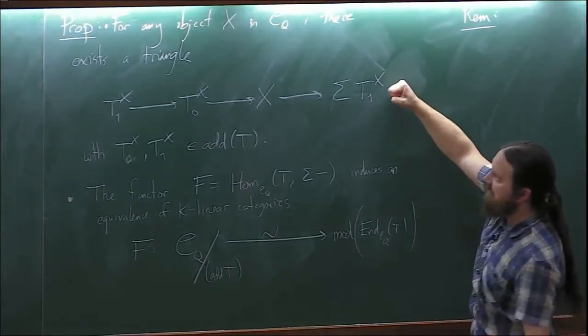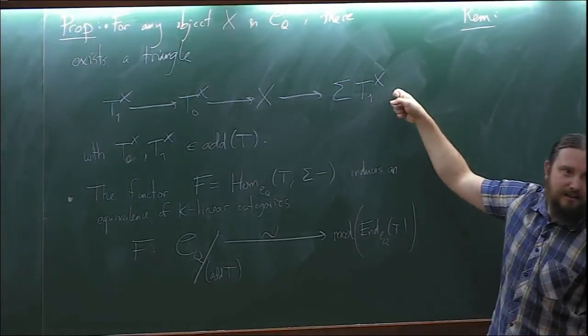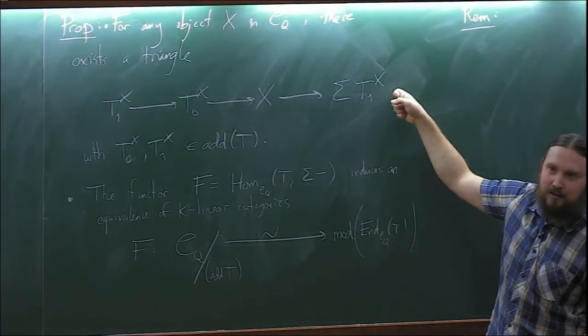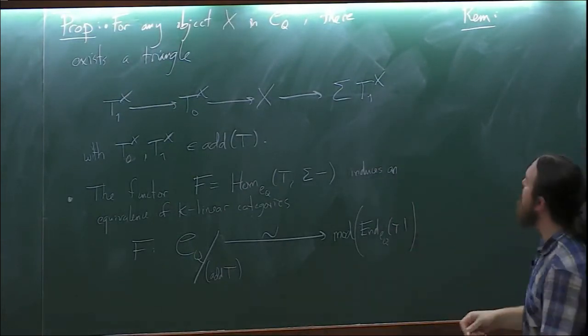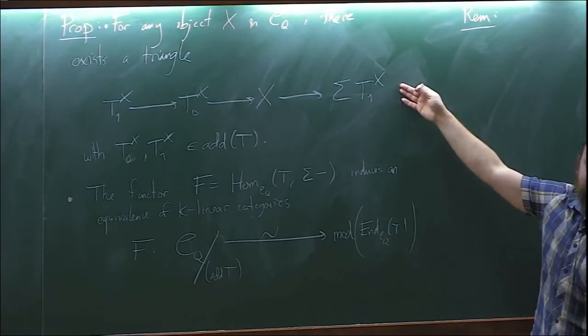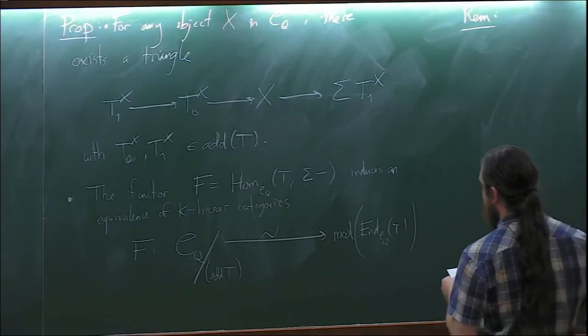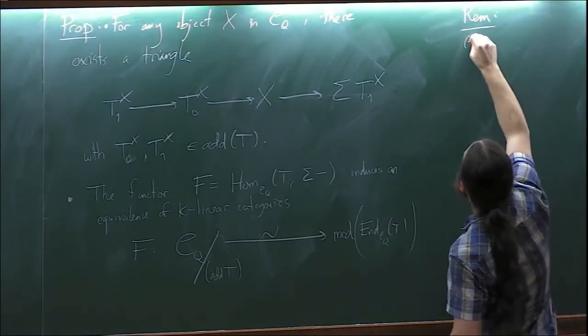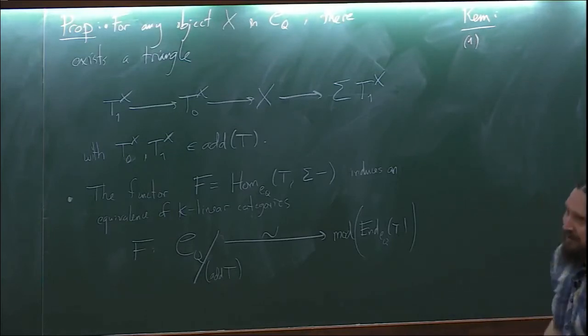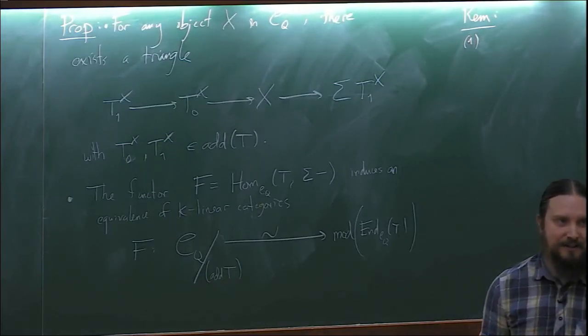I want to remark on this triangle. I want to say why this is a lift of a projective presentation into the cluster category. So in practice, how do you compute this? So the first thing, maybe if X is in add T, then this triangle is easy to compute.